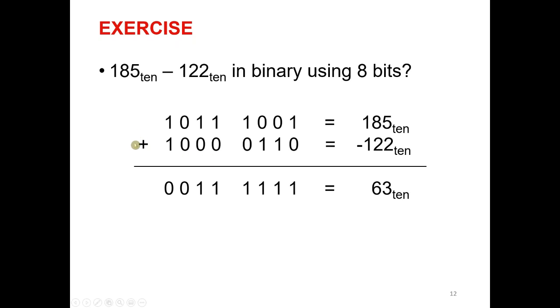Then we have added those two values, 185 minus 122. This is what we have seen previously: 1 plus 0 is 1, 0 plus 1 is 1, 1, 1. All of those are 1. Okay, 0, 1, and I think it's clear from what we have seen before.